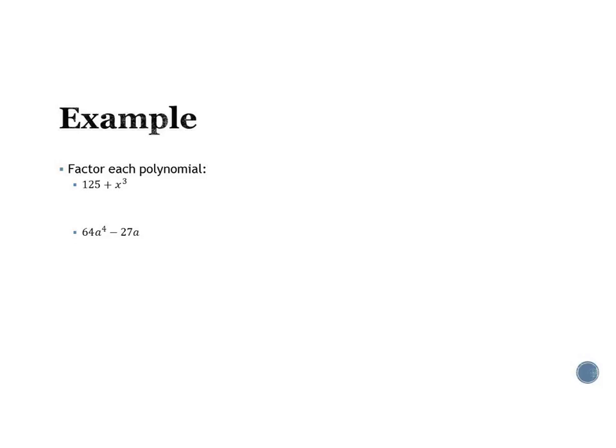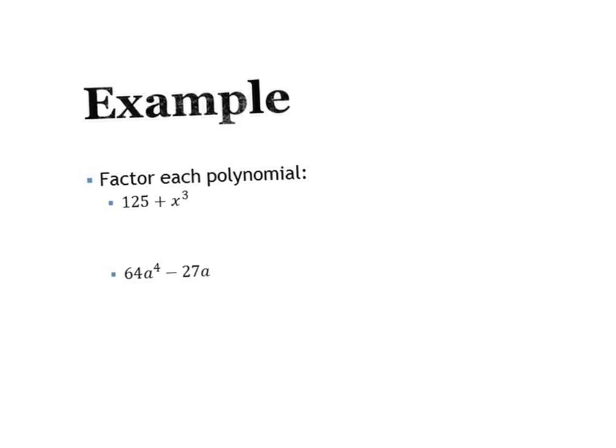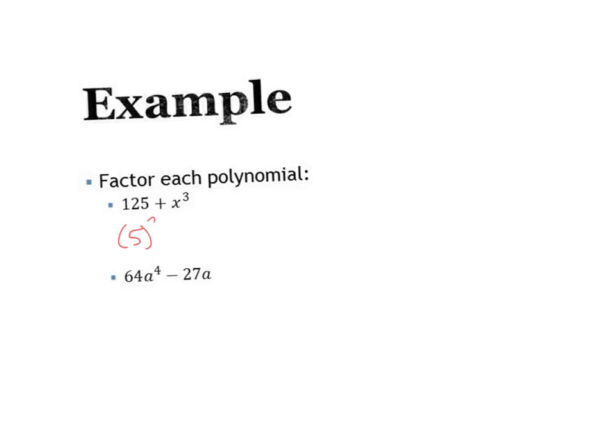So let's look at using them. Here we have 125 plus x cubed. And I'm going to make it a little bigger for us. You need to know that 125 is 5 cubed, and x cubed is x cubed.